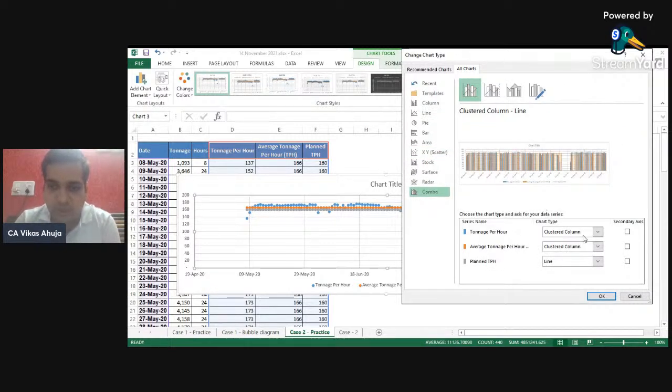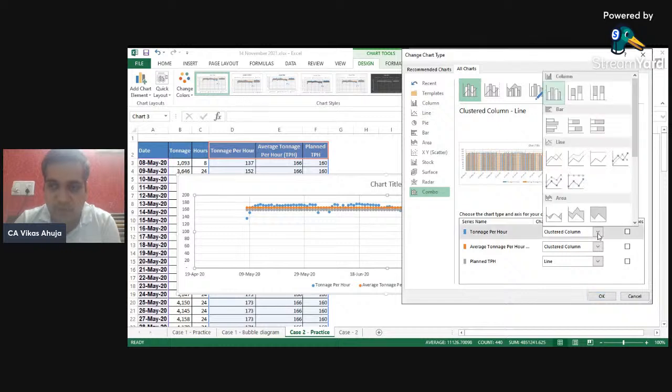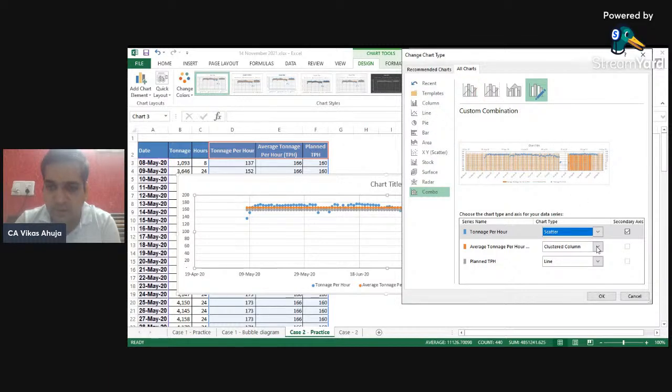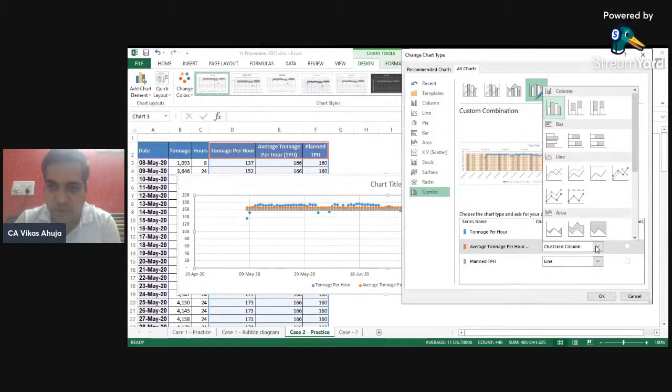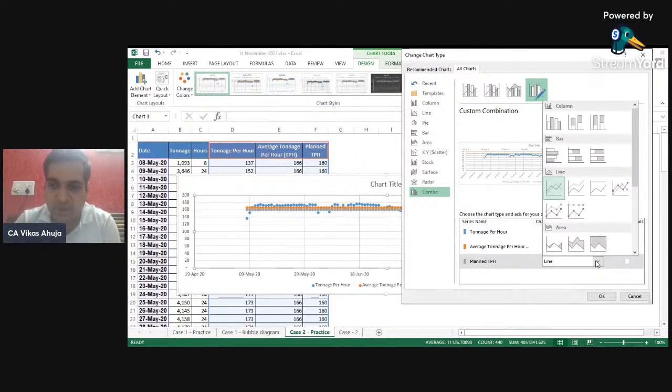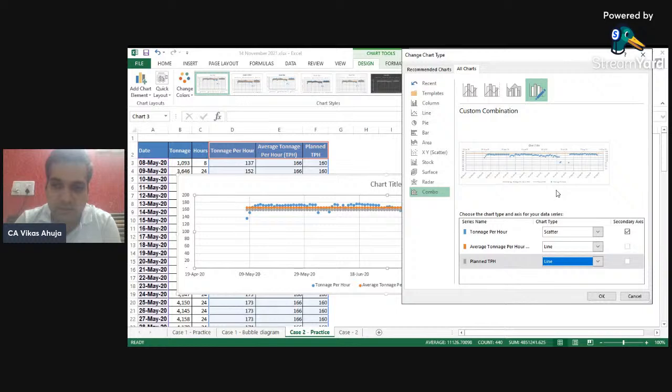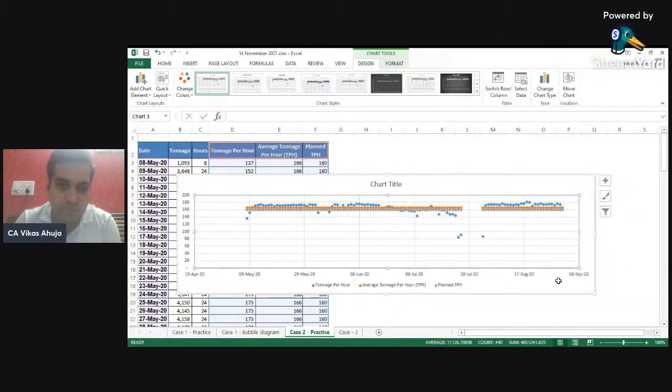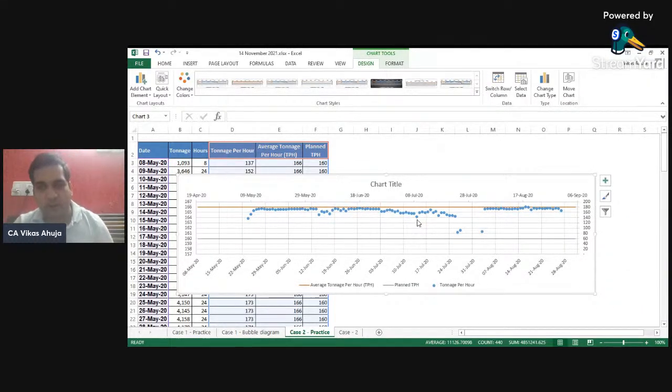So tonnage per hour is a cluster diagram. Yes, we actually need it in that form, so I'll keep it as scatter. Average tonnage per hour I need in the line graph, and the planned TPH also I need in the line graph. Okay, so now I will tell you the purpose of these.